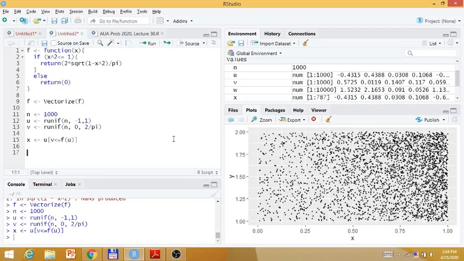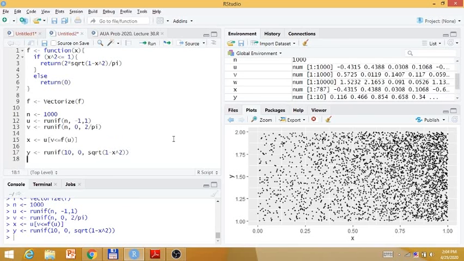Now for each x, I need to generate a uniform number from 0 to the square root of 1 minus that x squared. Unfortunately, I cannot write it in this way. If I write runif, say 10 elements from 0 to the square root of 1 minus x squared, I'm running this.